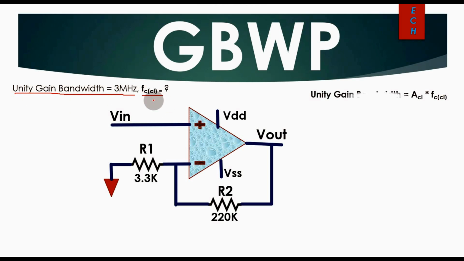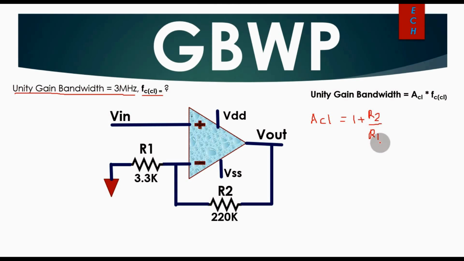We know that the unity gain bandwidth equals ACL, the closed loop gain, times FC, the closed loop frequency. Since this is a non-inverting amplifier, with the input connected at the plus terminal, the closed loop gain ACL equals 1 plus R2 divided by R1.